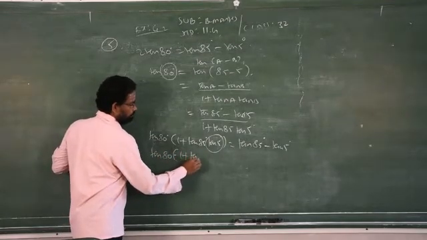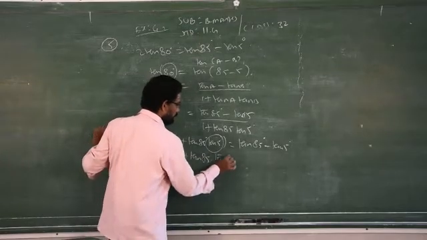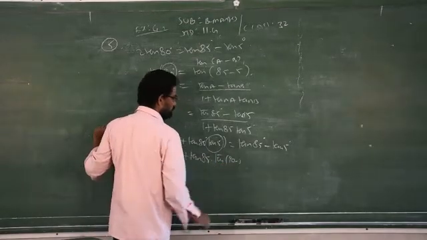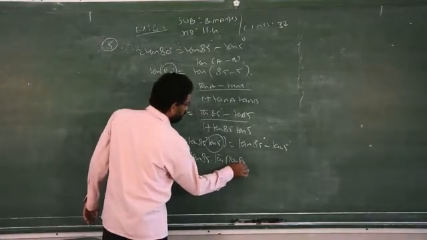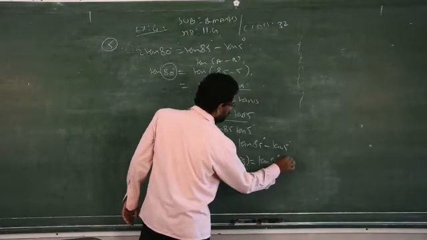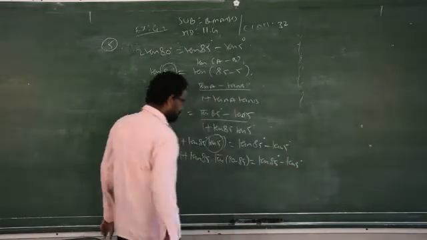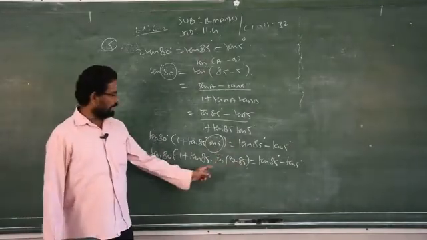One plus tan 85 into, this I can replace like 90 minus 85. If you subtract 90 minus 85, you will get what? 5. So tan 5 is cot 85.